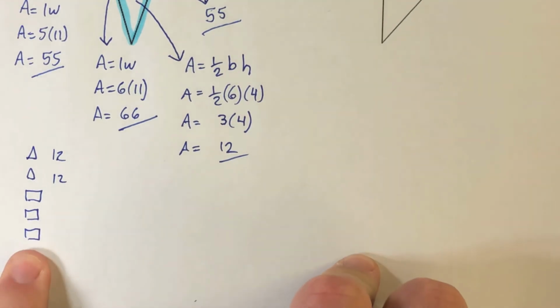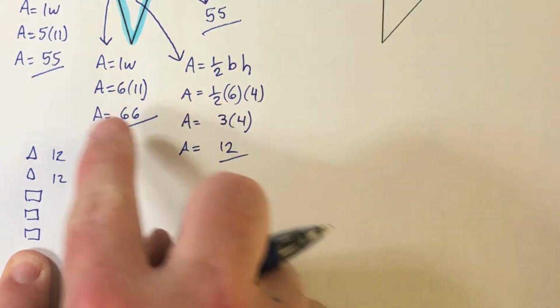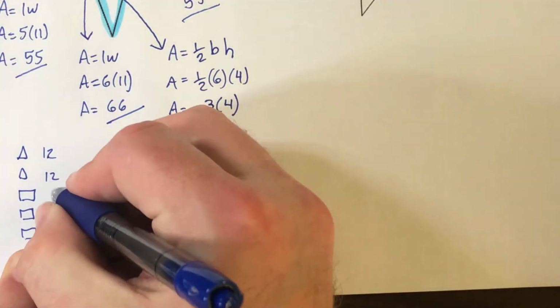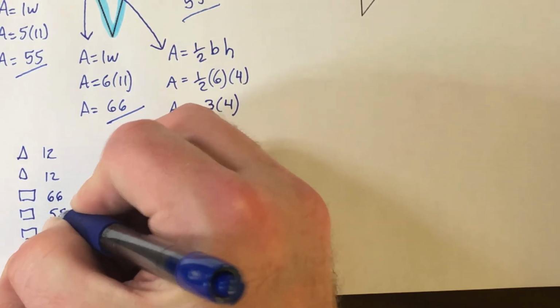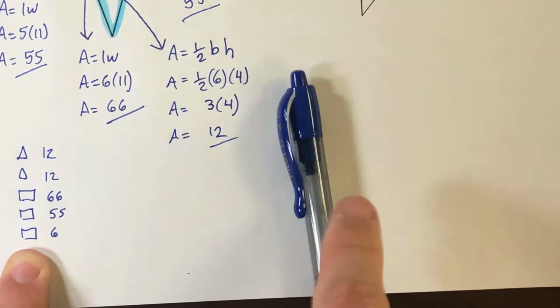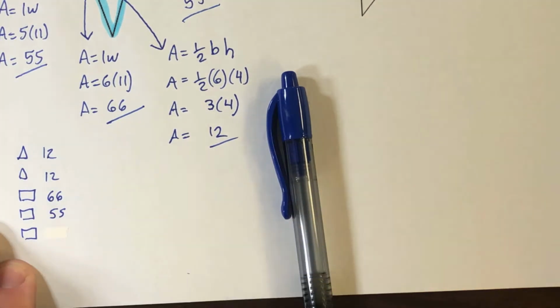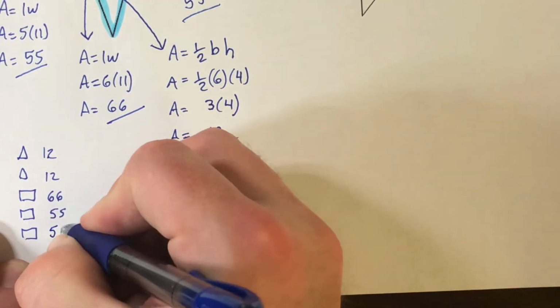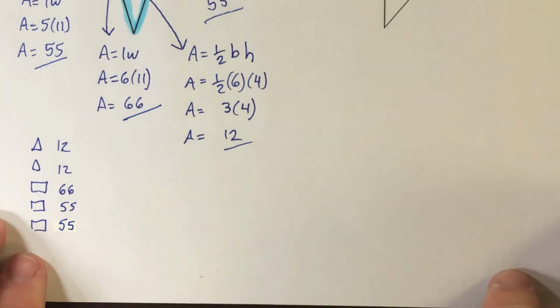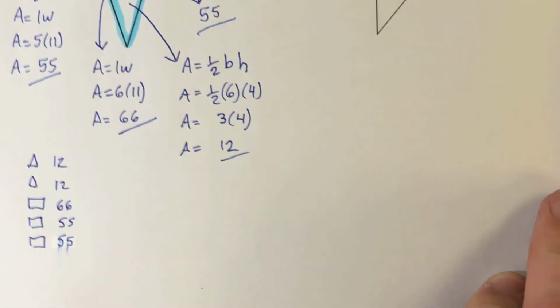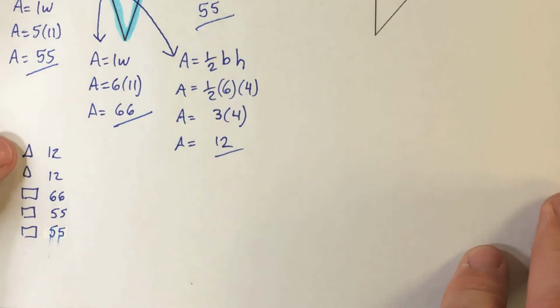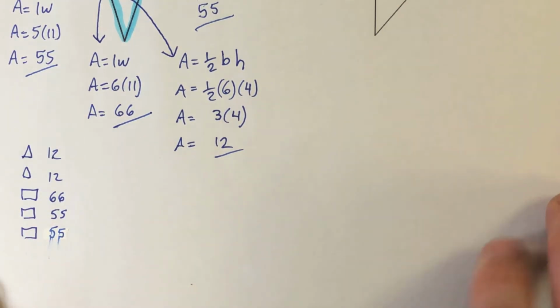My 3 rectangles were not all the same, but they were 66, 55, and 55. So 2 55s and 66 in the middle. So this is just a double check of, okay, I know triangular prisms have 2 triangles and 3 rectangles. I have got my 5 numbers. And then what do you do? You add them.